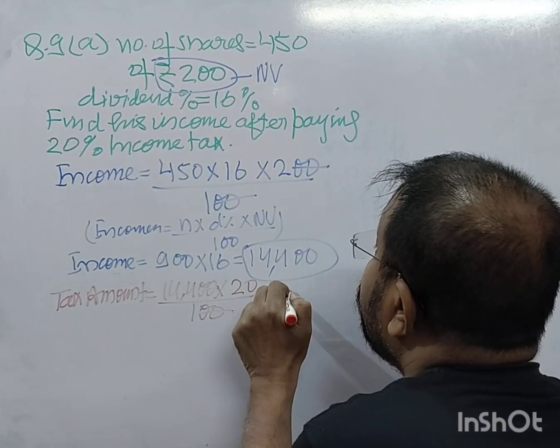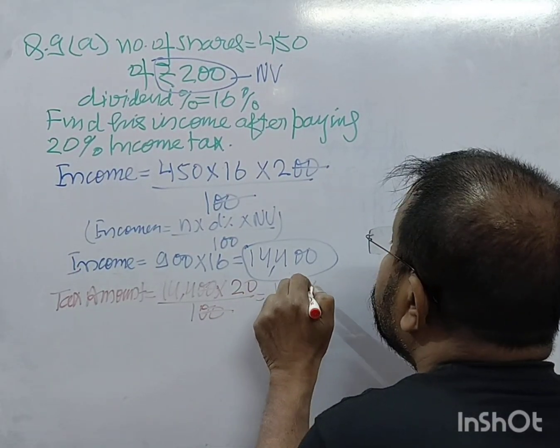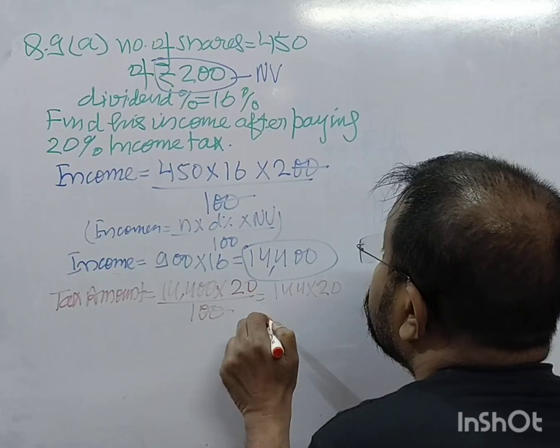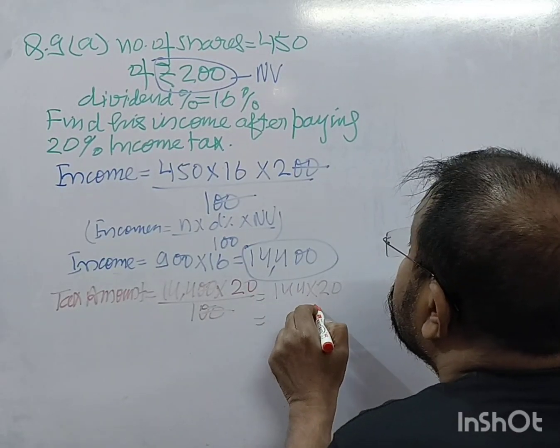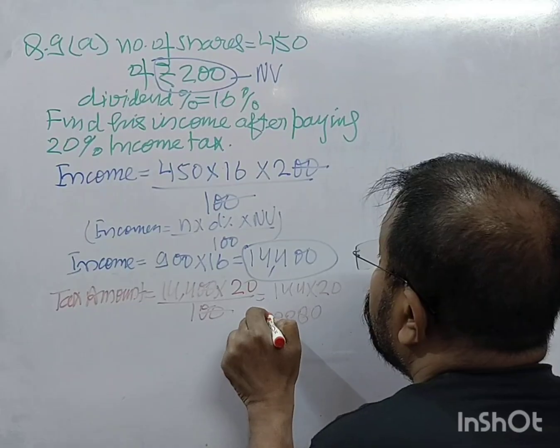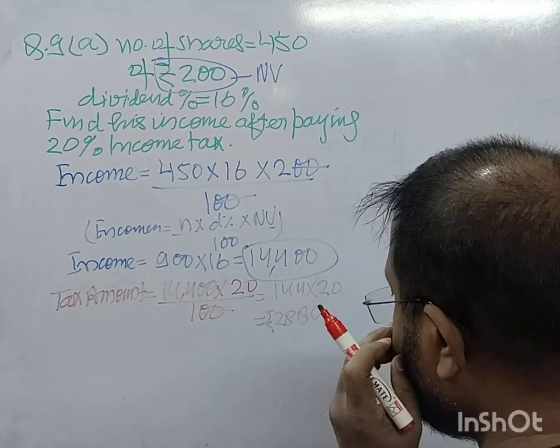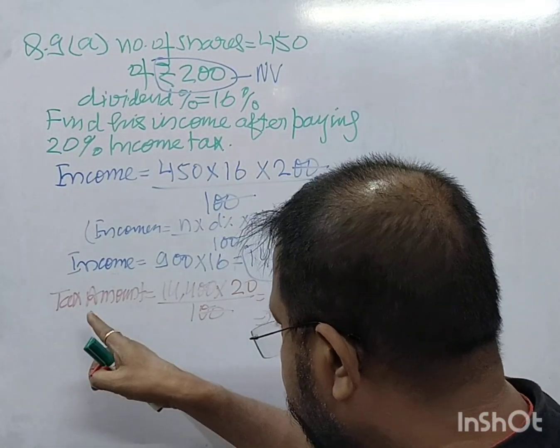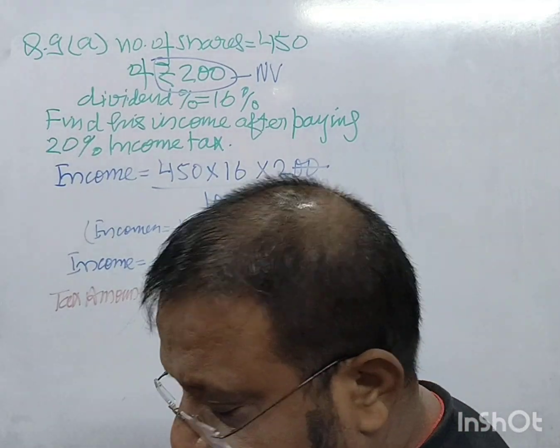You get 144 into 20. So how much? 2,880. This is the tax amount.